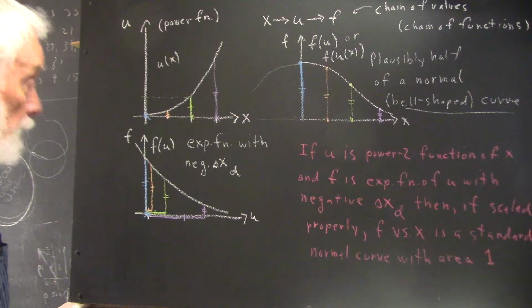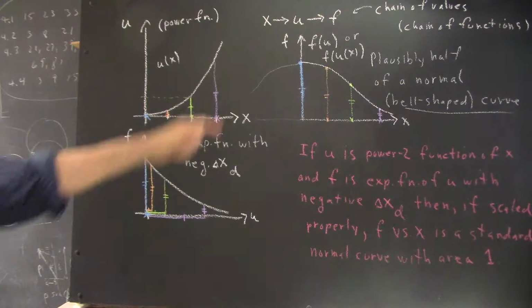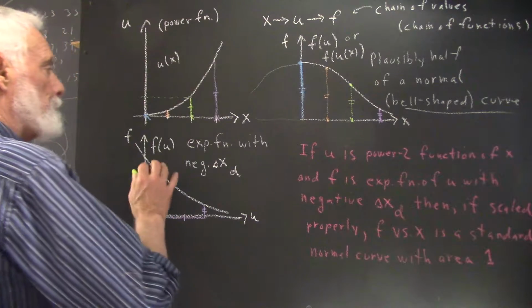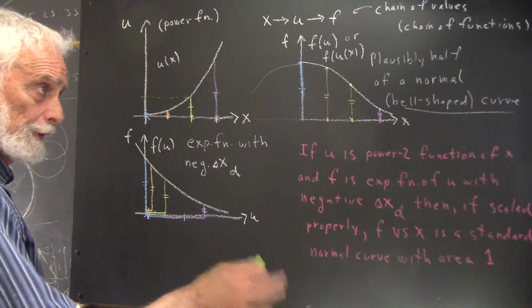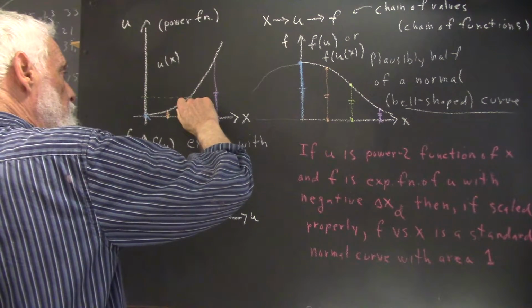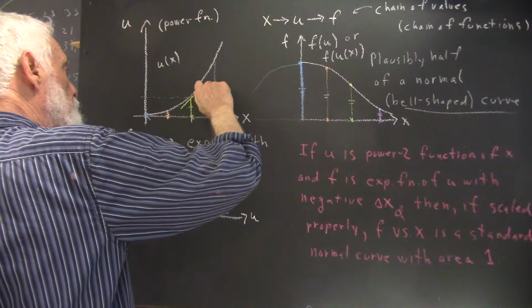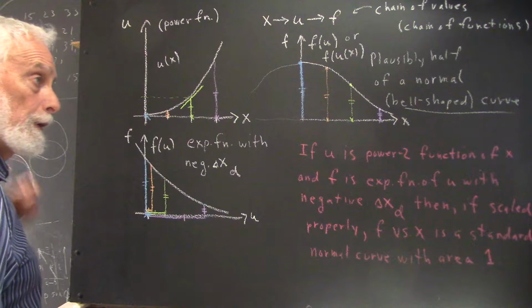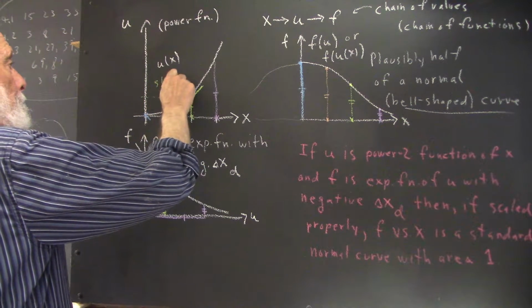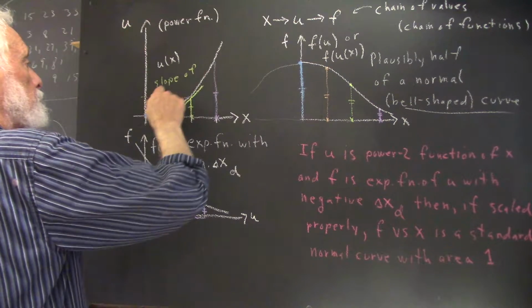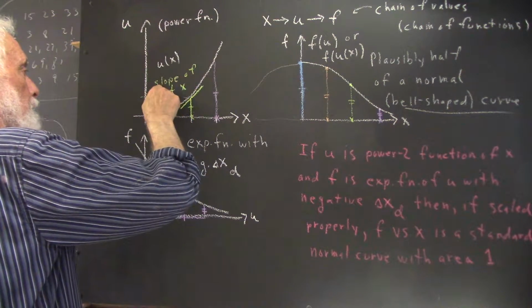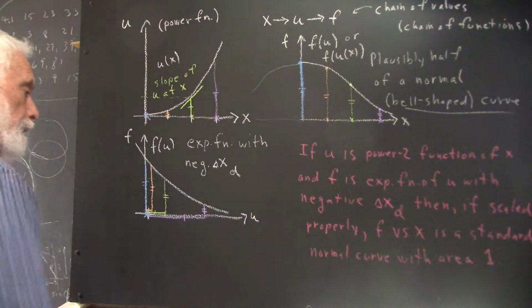Okay. Now the thing that I didn't have to abandon restraint to say that, but what I want to say now is this function u has a slope here. So we have the slope of u at x, okay?